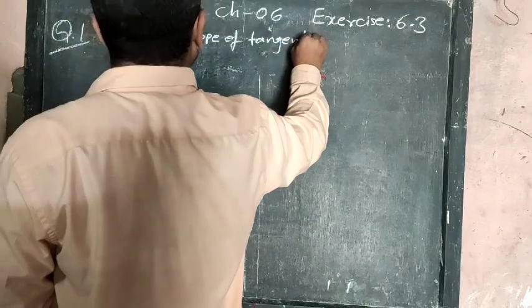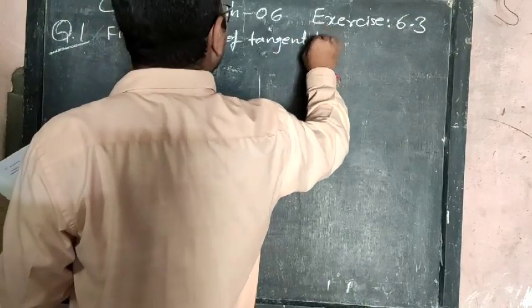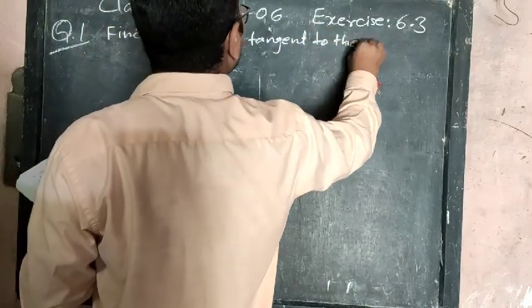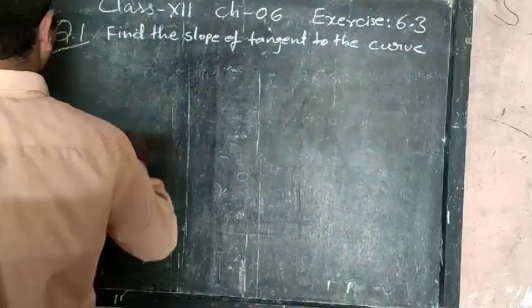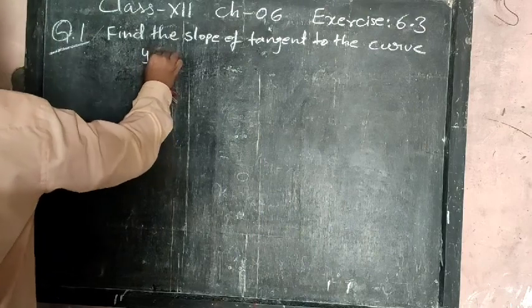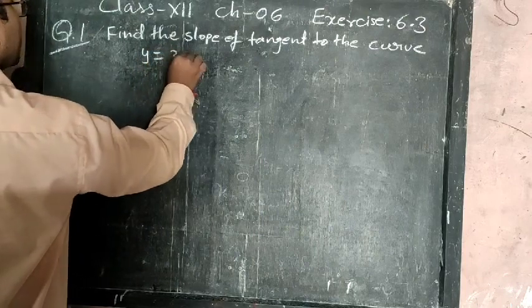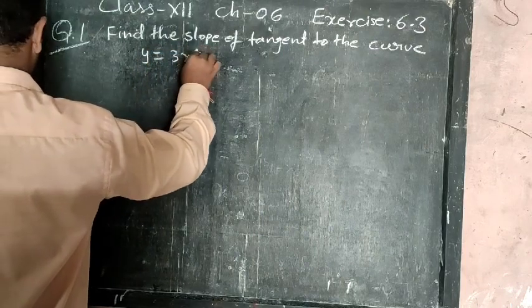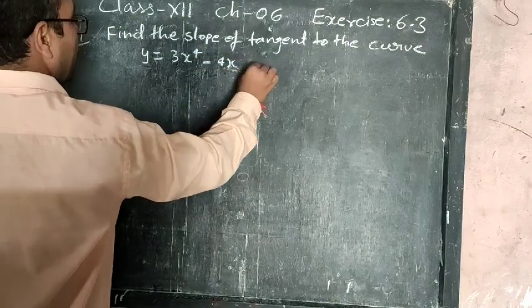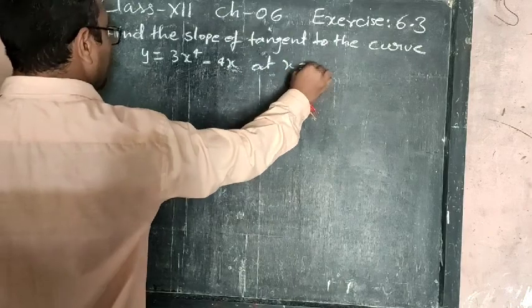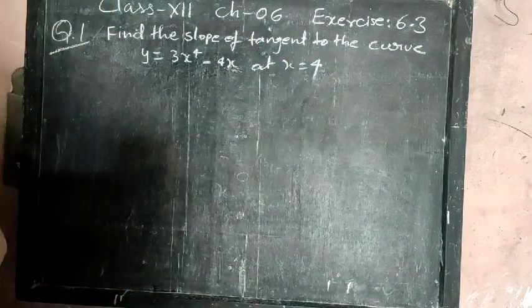Find the slope of the tangent to the curve y is equal to 3x to the power 4 minus 4x at x is equal to 4.